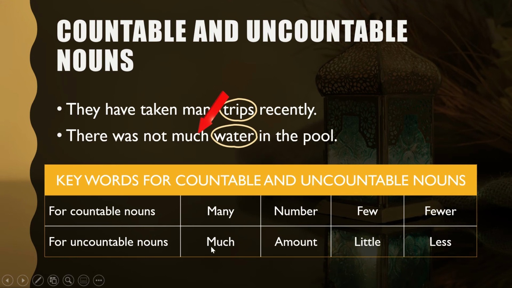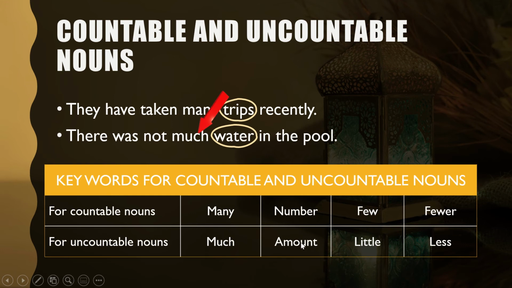Many and much have the same meaning. In Bahasa Indonesia means banyak. Both have the same meaning, but each of these words has different use. One is for countable and another is for uncountable. And the next, number and amount have the same meaning. They mean sejumlah, a number of people, sejumlah orang.